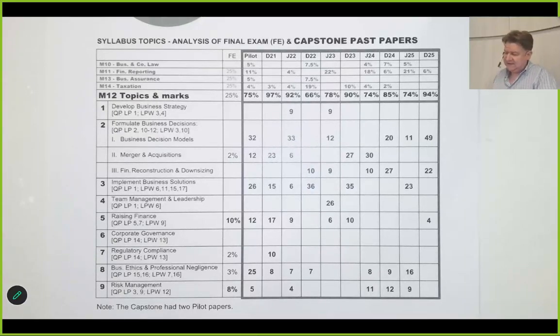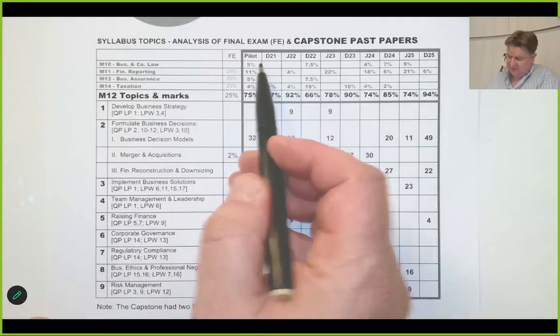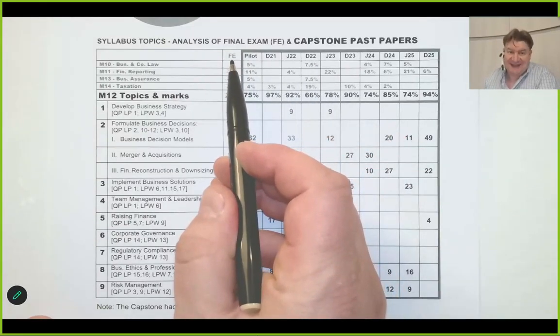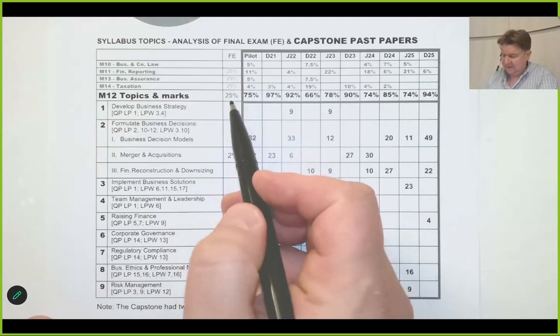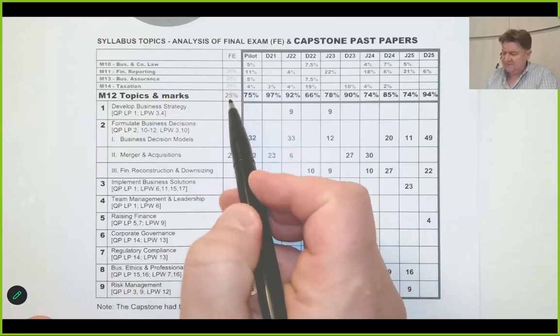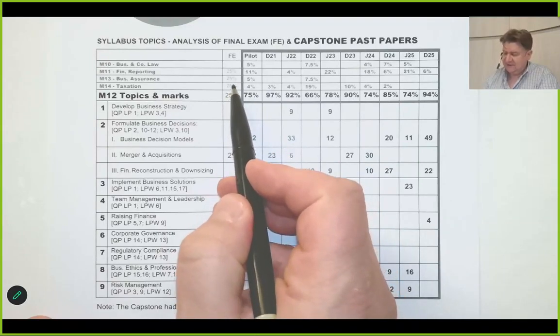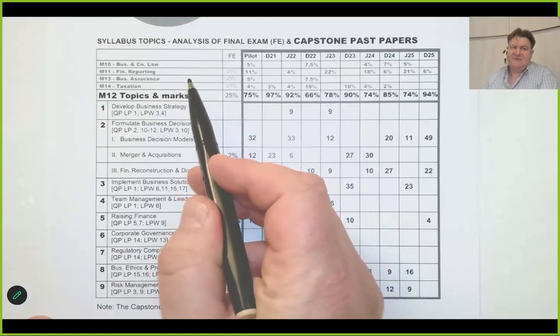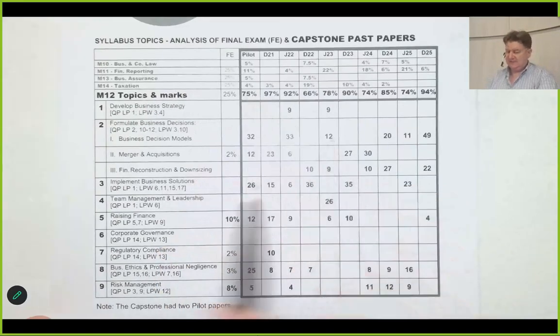First thing I want you guys to see is that before we had the Capstone exam, we used to have the FE exam. And look, it used to be 25%, 25%, 25%, all equal. Module 11, 12, 13 and 14.